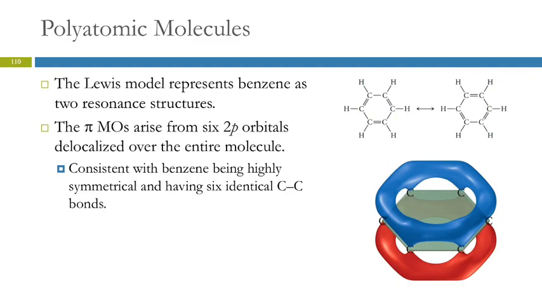Molecular orbital theory describes this as delocalized molecular orbitals over the entire molecule. And this better represents what we observe, that benzene is highly symmetrical and all of the carbon-carbon bonds are identical to each other.